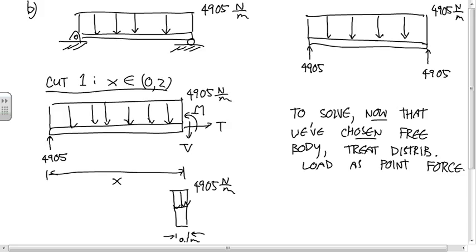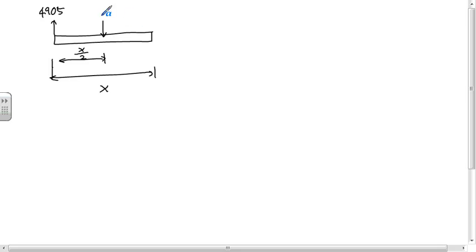And what about the area? The area of this shape, the magnitude of that force, is going to be 4905 times x, right? So this point force is going to be 4905x. And now we have T, V, and M.